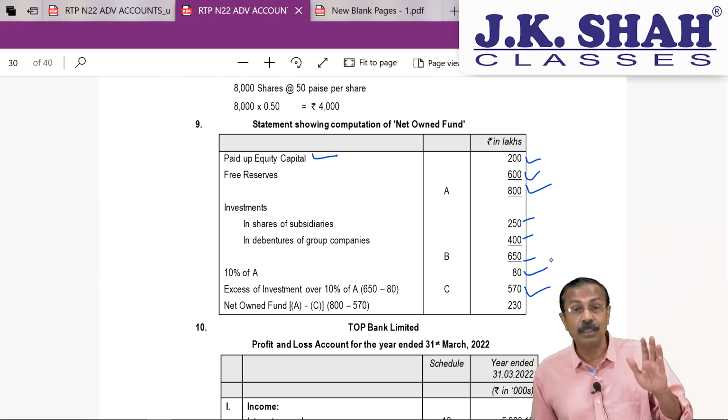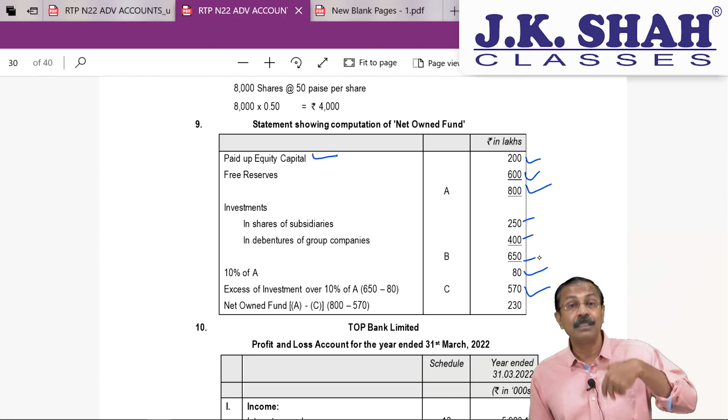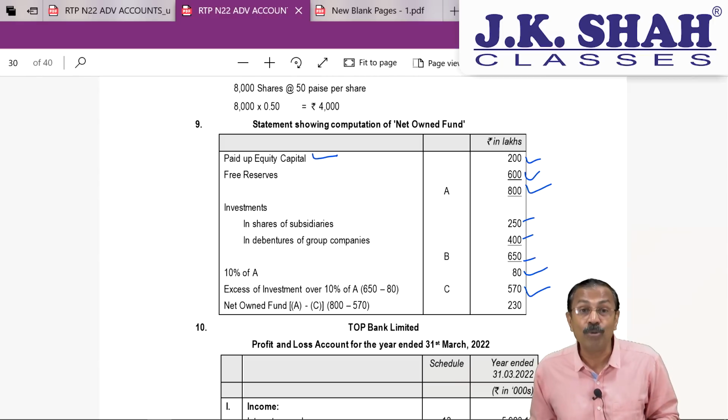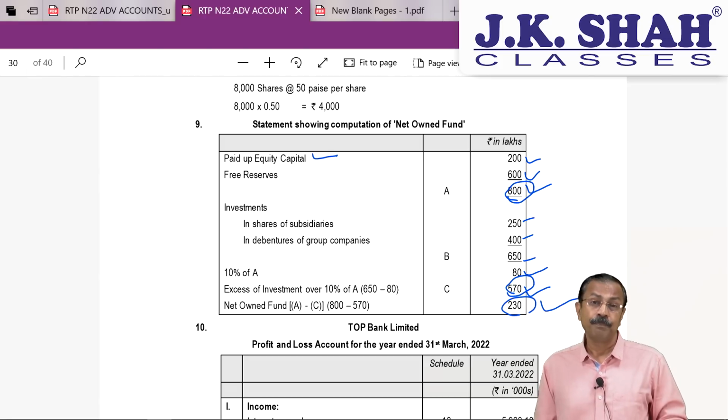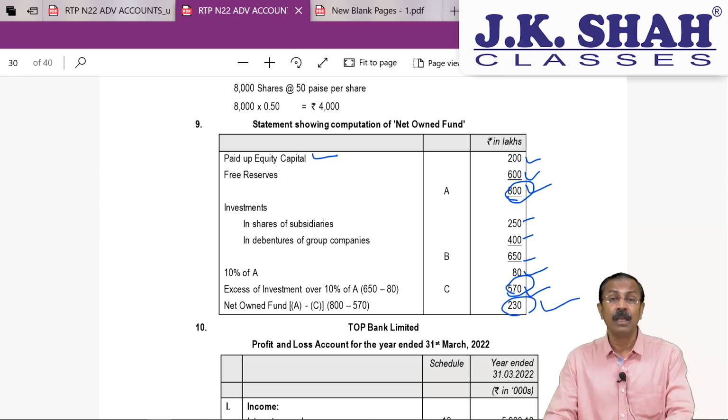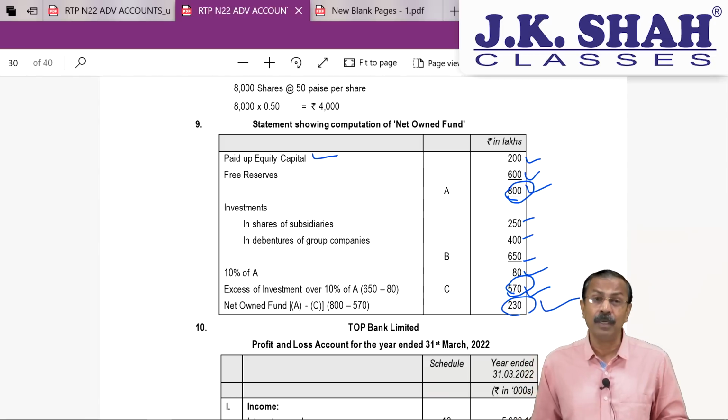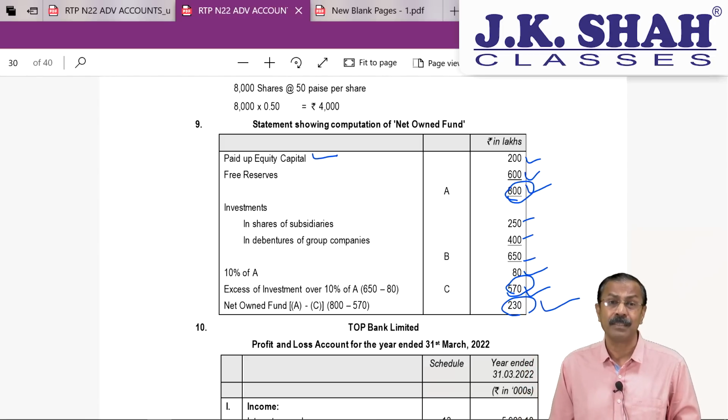This is not considered as amount invested in the business. It's considered as amount invested outside the business. It's gone. So 800 minus 570 gives you your net owned funds. Investments in subsidiaries of shares and debentures are allowed, but only to the extent of 10%. You can make excess investments, but that excess investment will not be considered while calculating your net owned funds, remember.